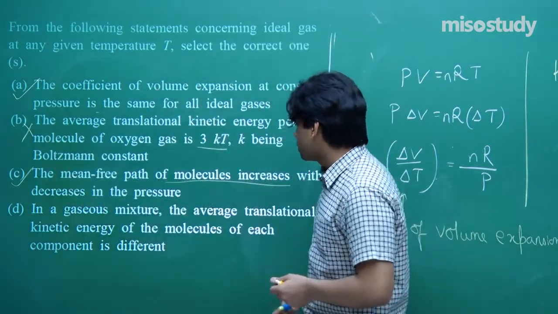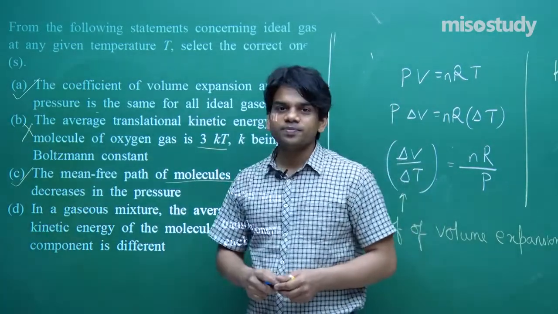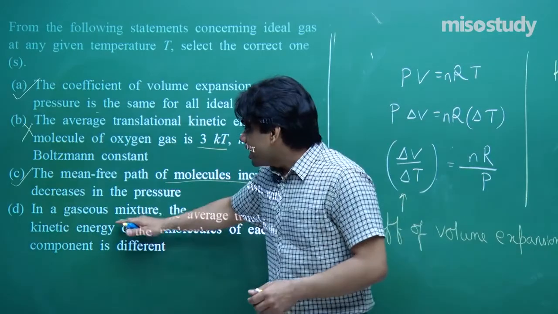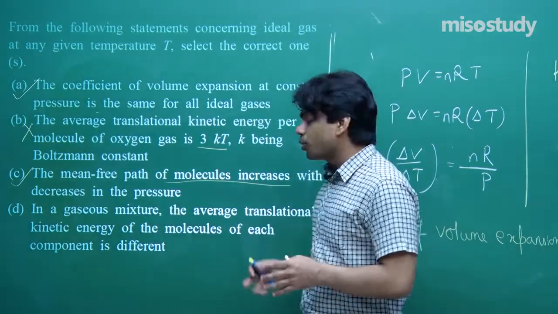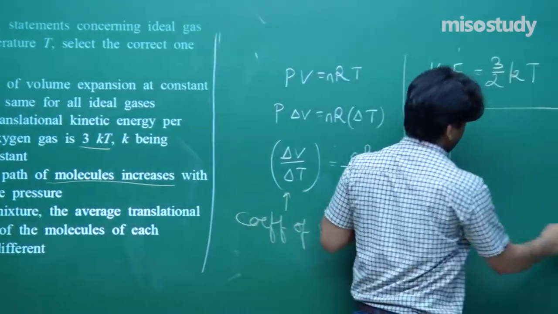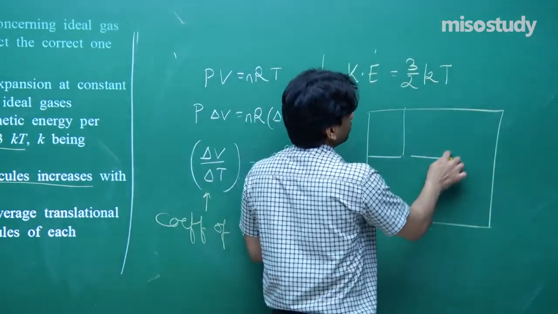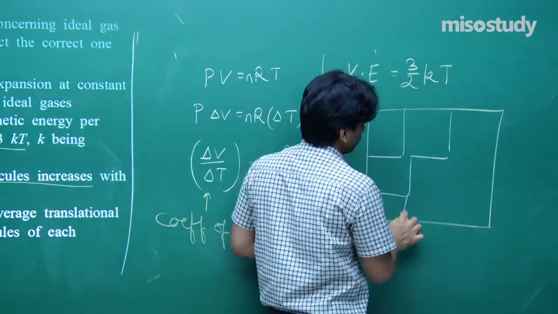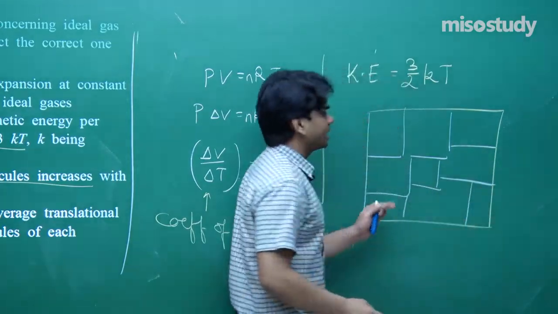D, in a gaseous mixture, the average translational kinetic energy of the molecule of each component is different. Try to understand this statement. If you take a gaseous mixture and divide it into various components, 1, 2, 3, 4, 5, 6, 7, 8, let there be different components.